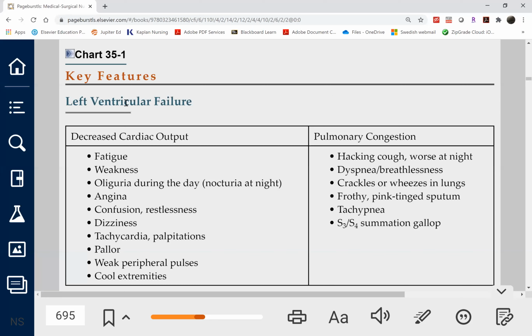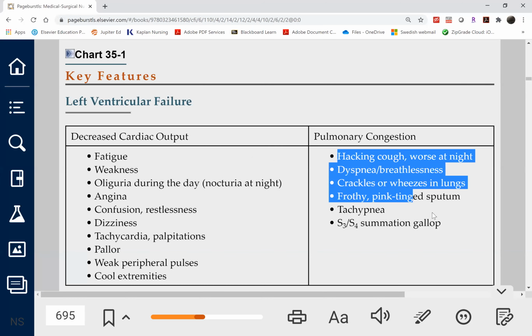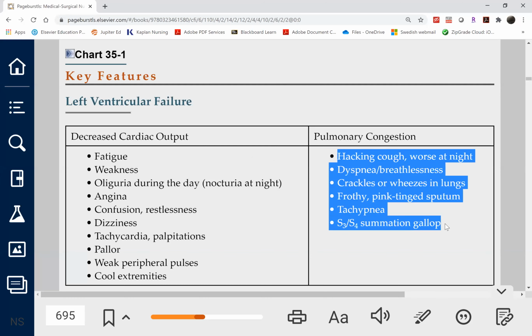So in left-sided heart failure, if the left ventricle is injured or in failure, there will be no blood receipt from the lungs. Therefore, blood backs up into the lung. There will be pulmonary congestion. And these are your signs and symptoms of pulmonary congestion, which are consistent with pulmonary edema.